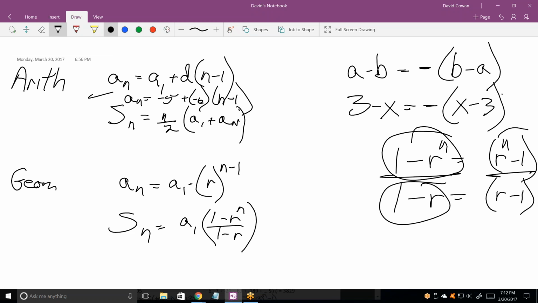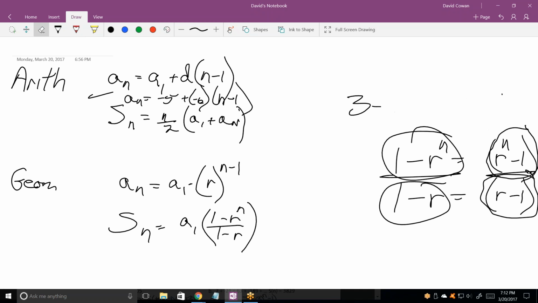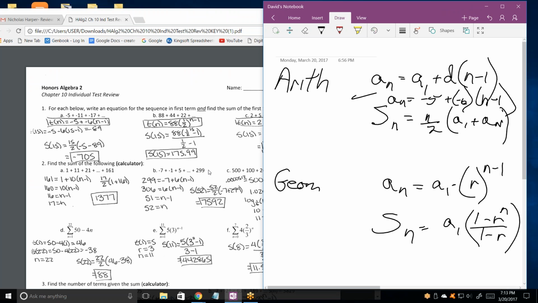Whereas if I did it over here, I would end up with a negative numerator and a negative denominator, and the negatives cancel, but I still don't know why you would want to do it that way. But anyway, it's useful to know that a minus b is equal to the negative of b minus a. That comes up more than once.